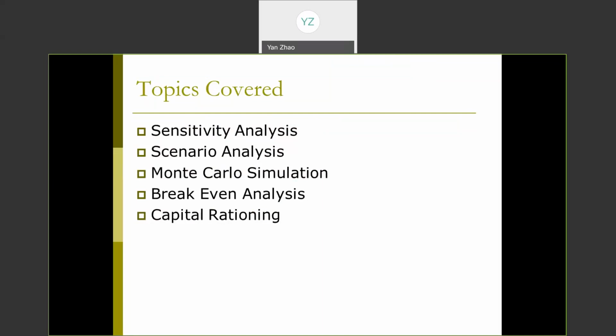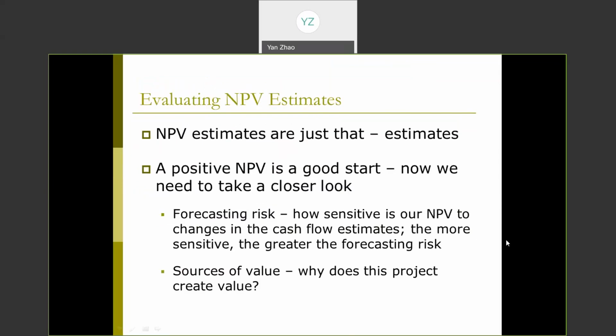Monte Carlo simulation is a computer simulation. Then we'll talk about break-even analysis and capital rationing. All 5 tools discussed in this chapter help you to deal with the uncertainty in the future cash flows. So we are going to look at them one by one.